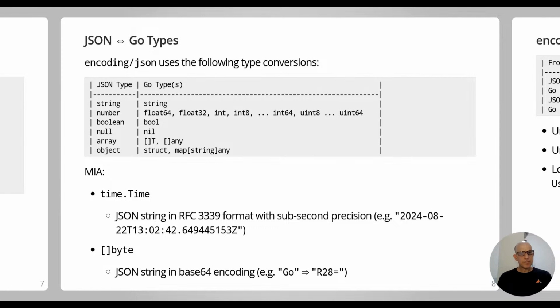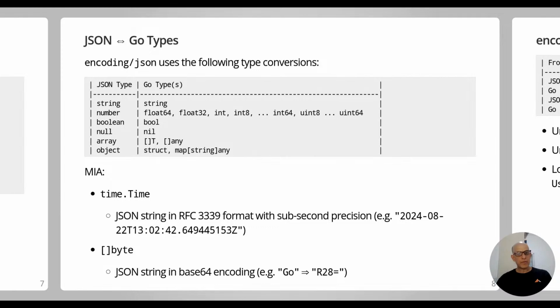And the last thing we have in JSON is an object. This is the thing with the curly braces that we used to see. And in Go, we either map it to a struct, which is what we usually do, or we can map it also to a map, and this is a map of strings. So the strings are the names of the fields in JSON, or the members in JSON, and the any, meaning it can be anything.